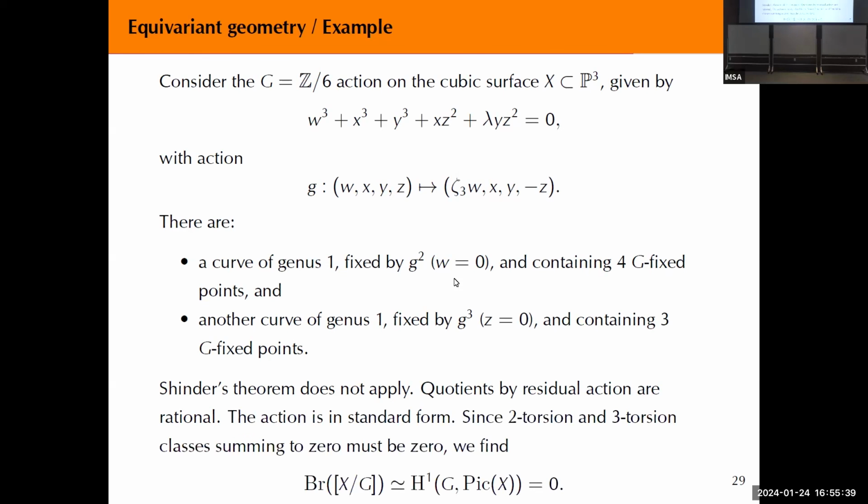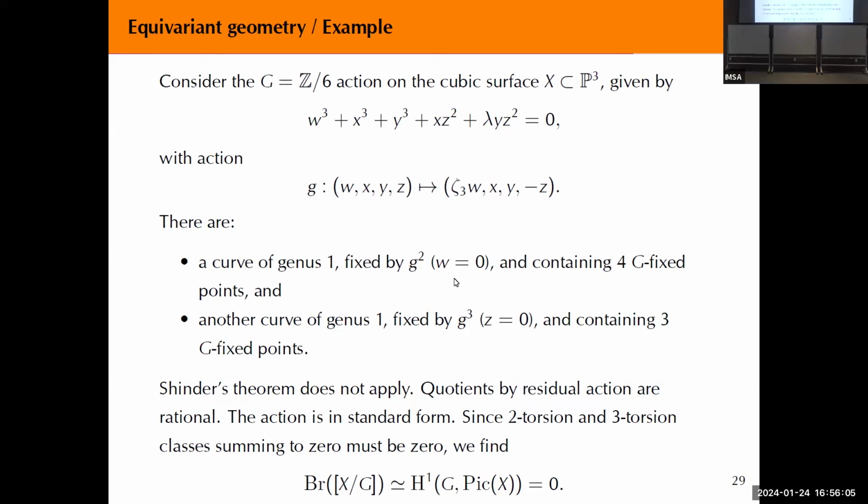So actually, in standard form, each of those genus 1 curves fixed by the generator squared and the generator cubed has an induced residual action, which also has fixed points. So the quotients are P1s. And so previously, we were getting those unramified classes from simply unramified classes from the Jacobians of these curves, but now they're gone.